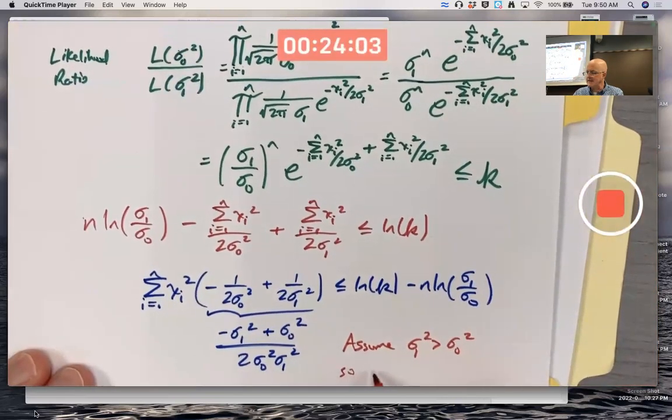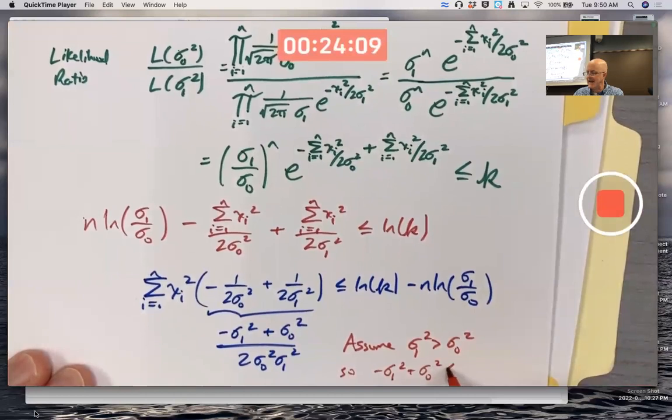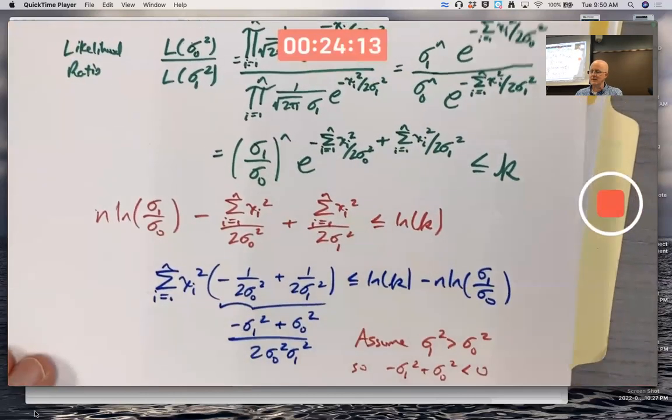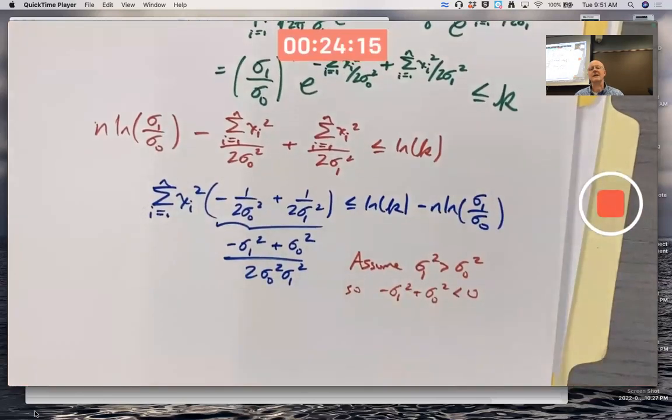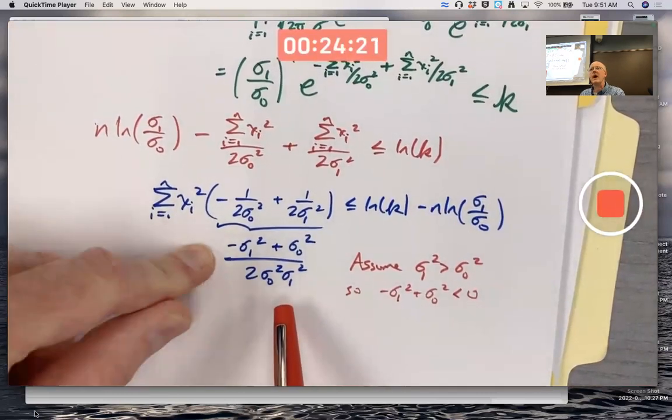So that means negative sigma 1 squared plus sigma 0 squared is actually negative. That's good to know. So that changes the direction of the inequality when I multiply both sides by the reciprocal of this fraction.